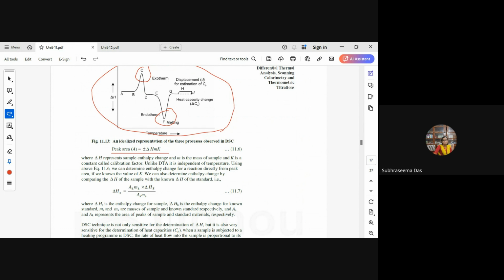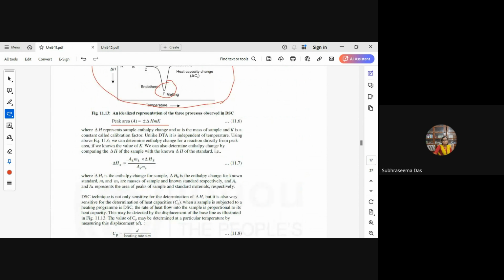So using equation 11.6, we can determine the delta H of a reaction, and also find the peak area, provided we know the value of K. We can also determine the enthalpy change using this equation: delta Hs, the enthalpy change of the sample, is equal to A Ms into delta Hk by Ak into Mk, where delta Hs represents the enthalpy change of the sample, and delta Hk represents the enthalpy change of the known standard.